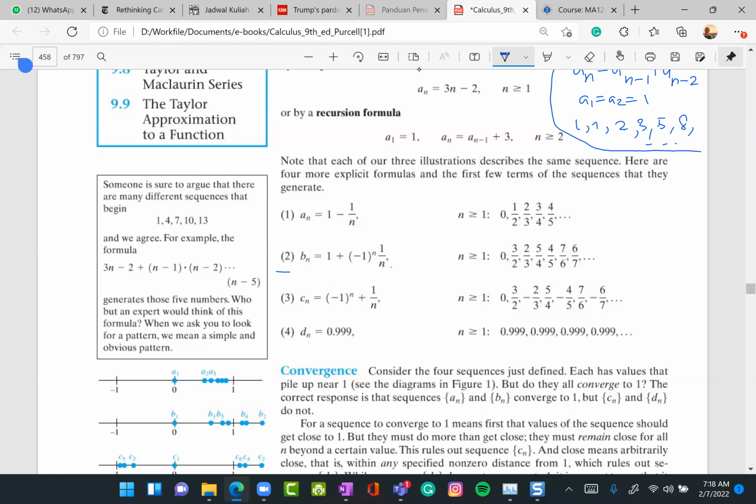So it's like, you start with 0 and then it goes like this. We call this not alternating, but oscillating.